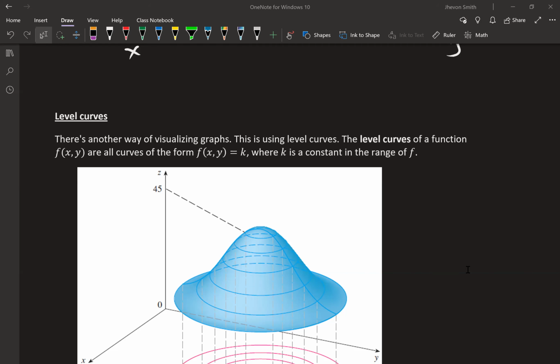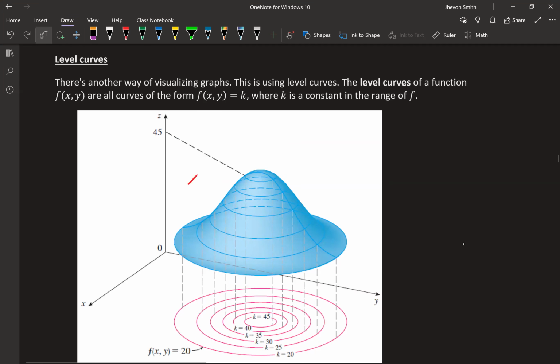How are these levels defined? Well, the level curves are all the curves of the form you get when you plug in the dependent variable equals a constant and you sketch that out. So there comes a point where you're plugging in, say, z equals some constant. So you have z, this flat plane here. So this is like z equals 30 or whatever.